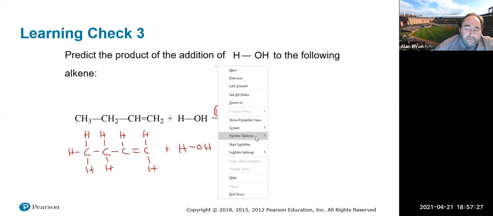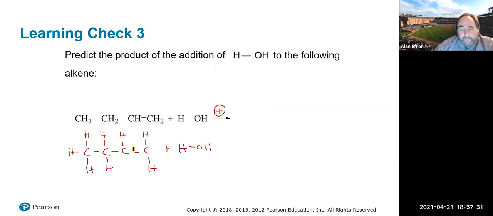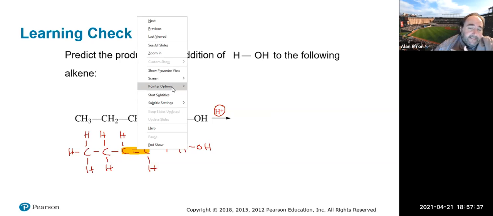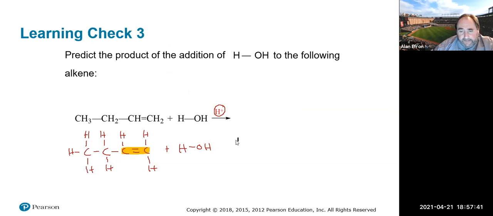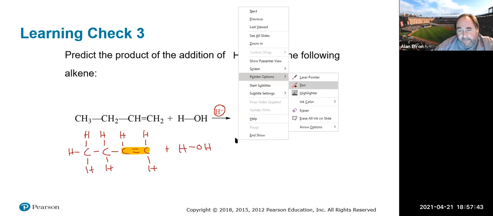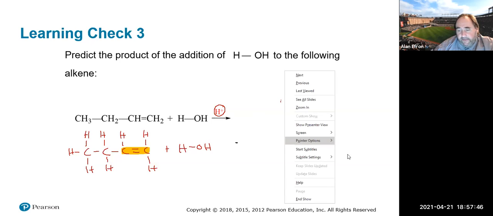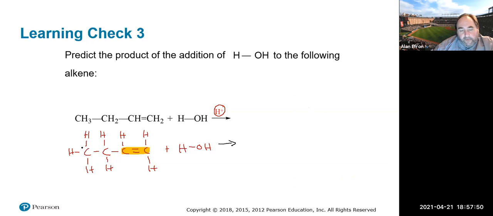You want to approach this in the exact same fashion as we did before. We're going to just make this double bond into a single bond. So what happens in this case, if I could get me a pen, maybe a different color. There we go. We're going to draw it identical to the way it was.